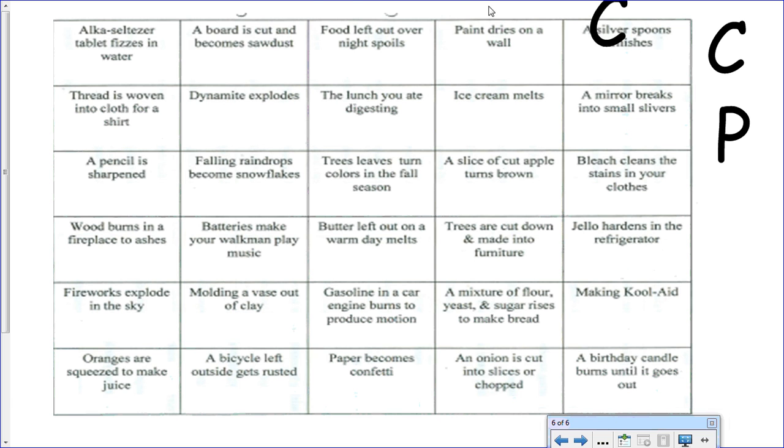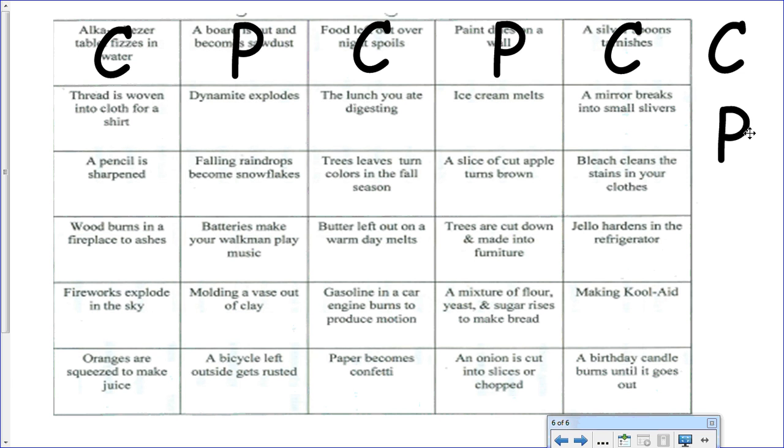Alka-Seltzer tablet fizzes in water is a chemical change. A board is cut and becomes sawdust is a physical change. Food left out overnight spoils is a chemical change. Paint dries on a wall, physical. A silver spoon tarnishes, chemical.